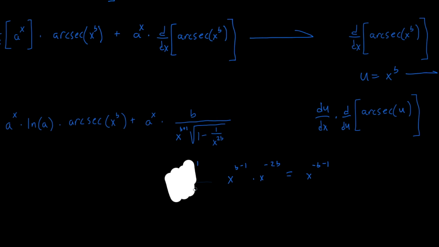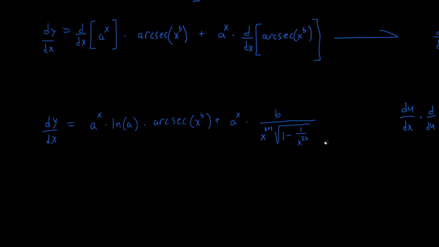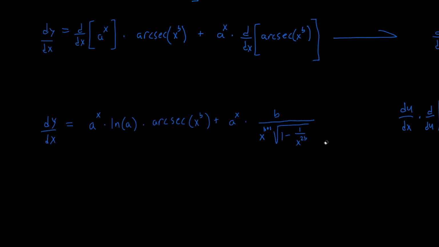And let's clean this up because we're nigh on finished. Is there anything else that we might want to do? Well, let's bring the a to the x into the numerator. So we have a to the x times b.